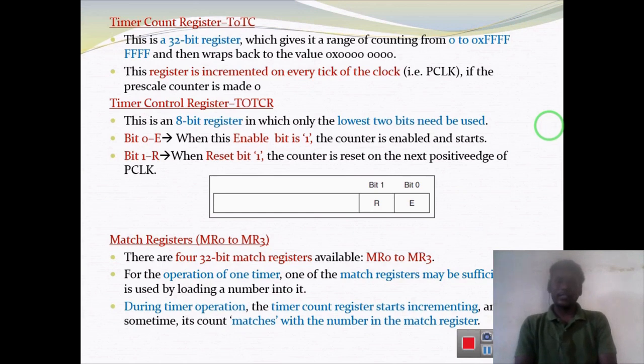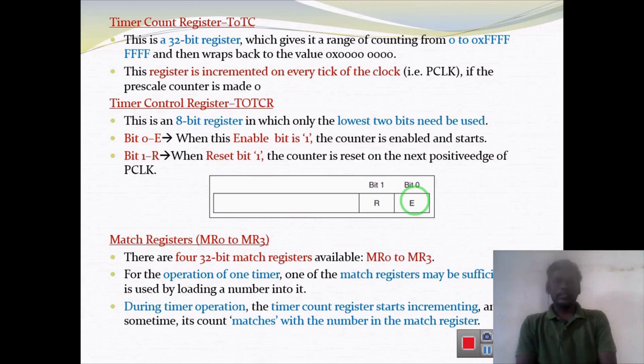We can see in the picture bit 0 and bit 1. Bit 0 is the enable bit, E, which is enabled whenever the counter starts. Bit 1 is reset. If you want to initialize or initiate the next clock, we use this reset bit.